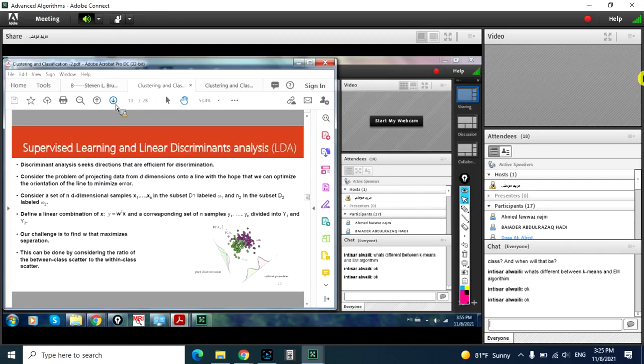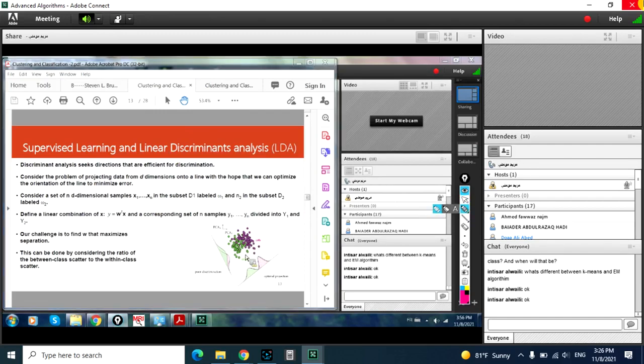Okay. Another method is another supervised learning method: linear discriminant analysis. What is this? This is also a very interesting and very applicable method.